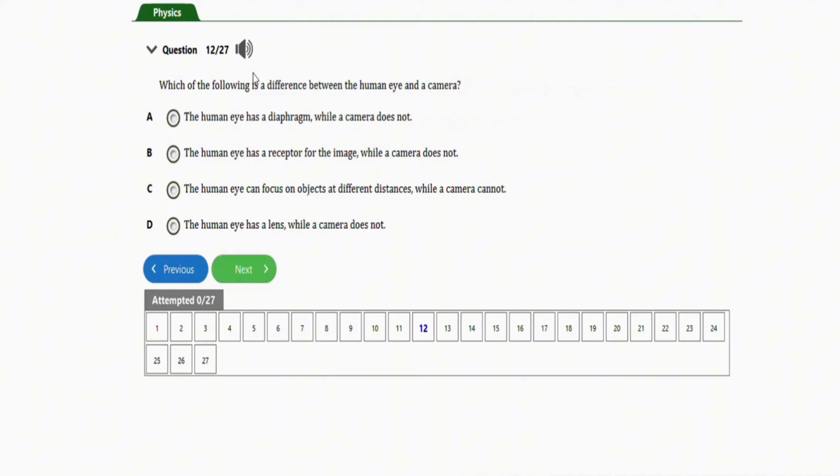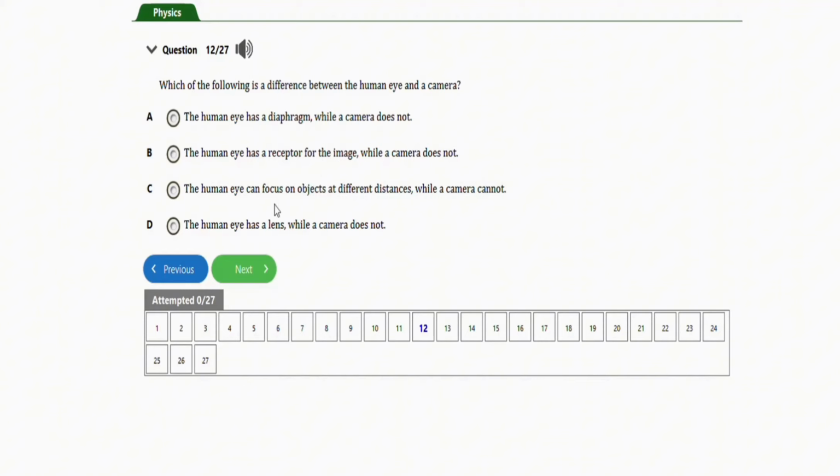Next question is this one. It says which of the following is a difference between the human eye and a camera? The human eye has a diaphragm, while a camera does not. The human eye has a receptor for the image, while a camera does not. We are looking for difference.